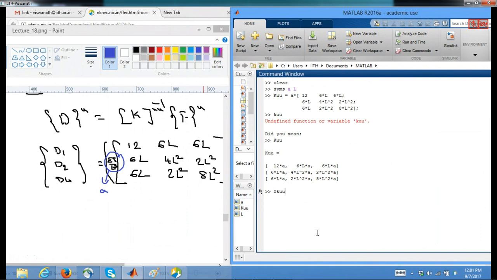Now I want inverse of KUU, which is equal to, now let me write the inverse.